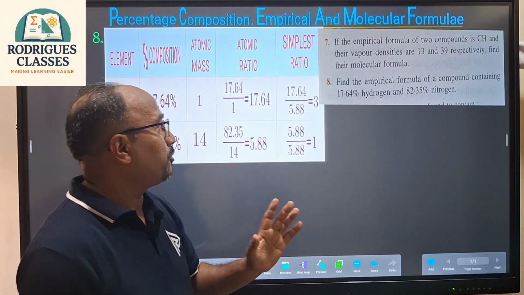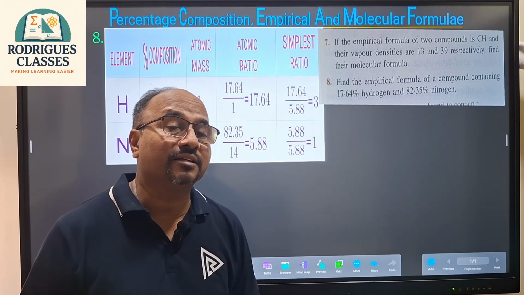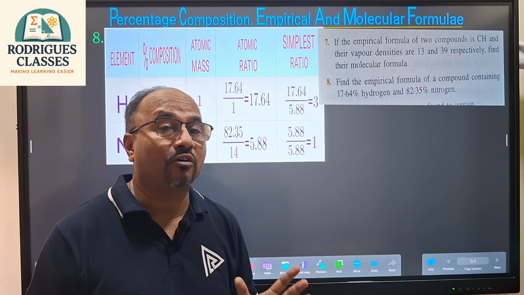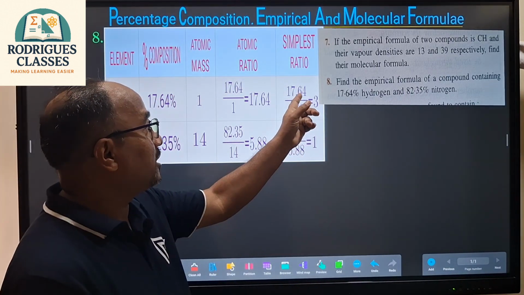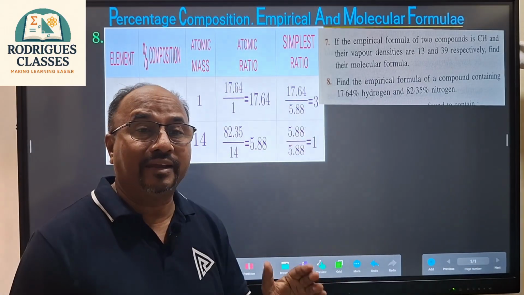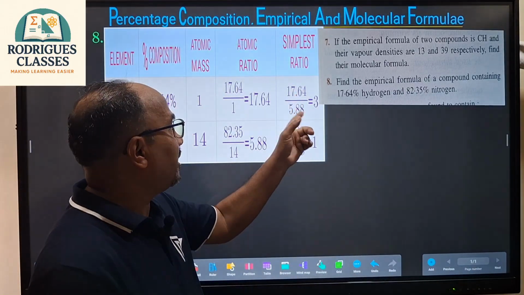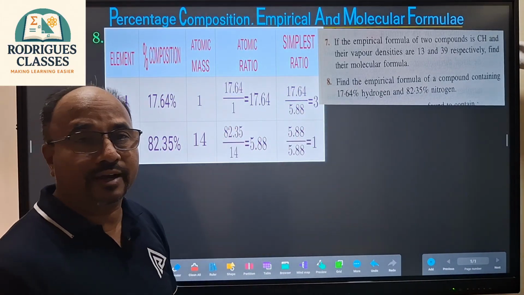So you have 17.64 divided by 5.88. When you are finding the simplest ratio, simply take rounded off values and divide and get it in terms of a whole number. So I am considering 17.64 as 18 and 5.88 as 6. So 18 divided by 6 gives you 3. And here both of them are same, so you get it as 1.